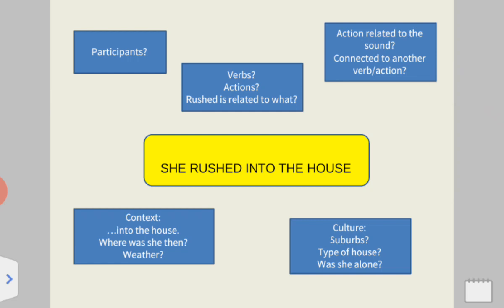And here we have the third sentence. She rushed into the house. Again, we have participants in the sentence. We have Mary again. We don't have this guy, the ice cream man. We have another action which is rushed, which is verbal or non-verbal, right? Non-verbal.